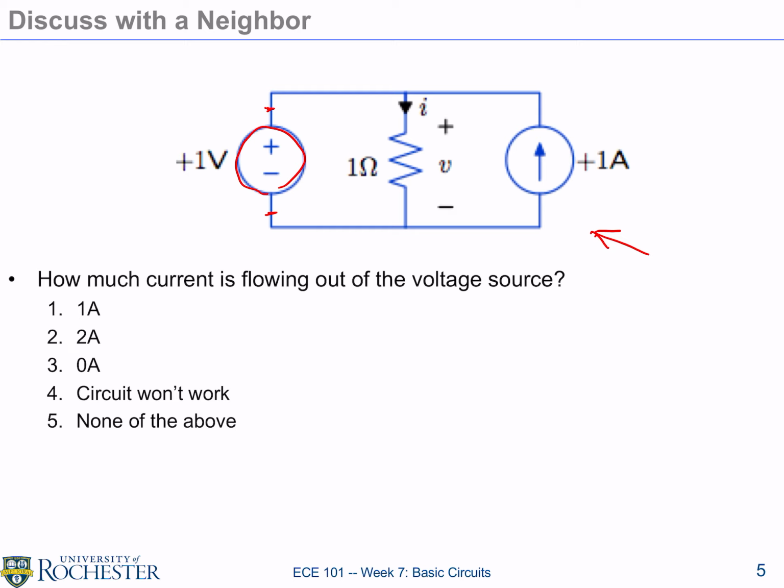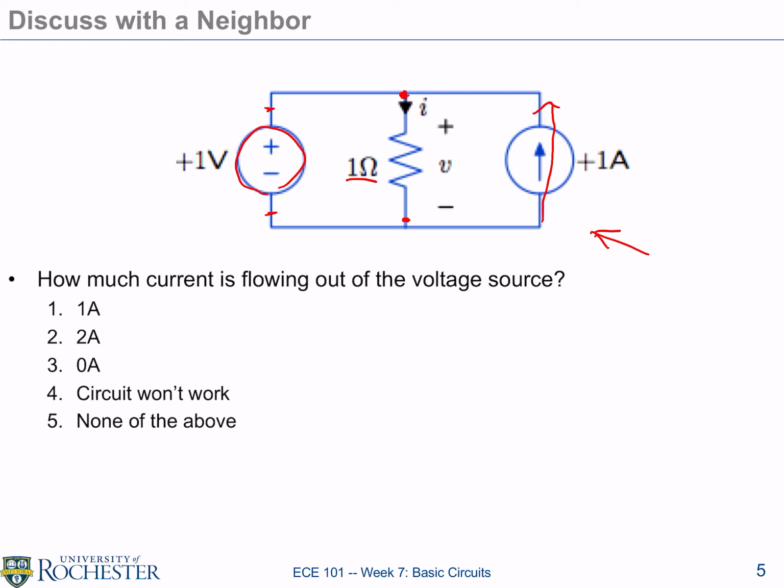The current source on the other side says that there needs to be 1 amp of current flowing from one side to the other side of the current source. Okay, and Ohm's law says if I have a device over here, the voltage across this device is this times the current through this device.